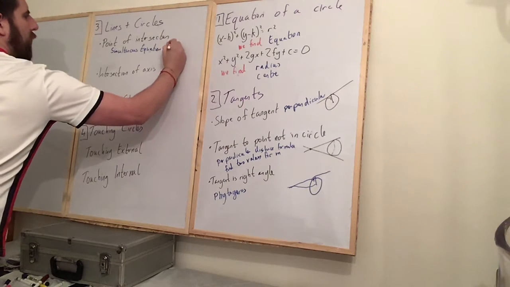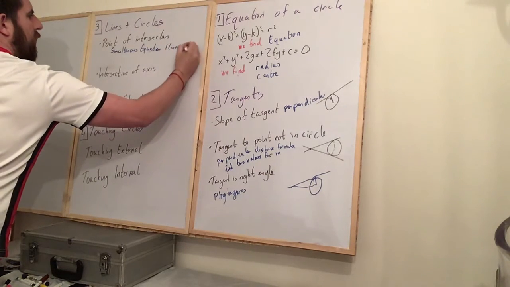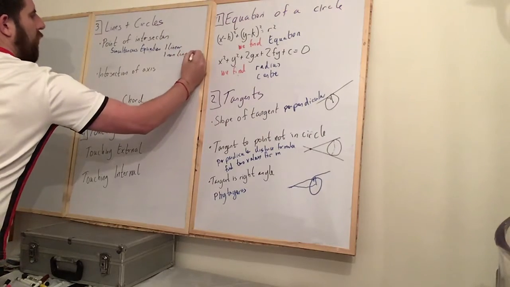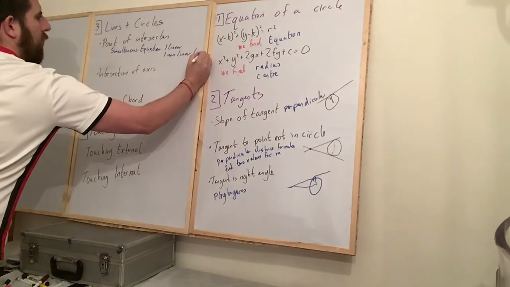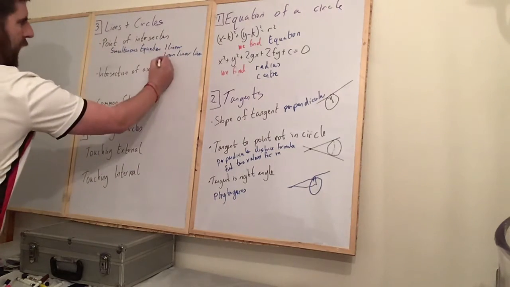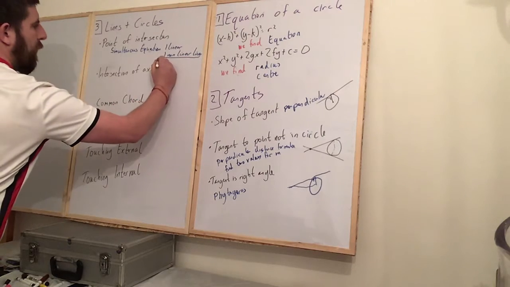One linear, which is your line, and one non-linear, which will be your circle. And you would find two values for x, two values for y.